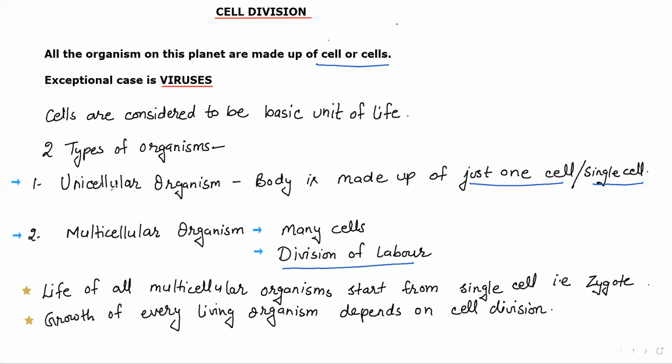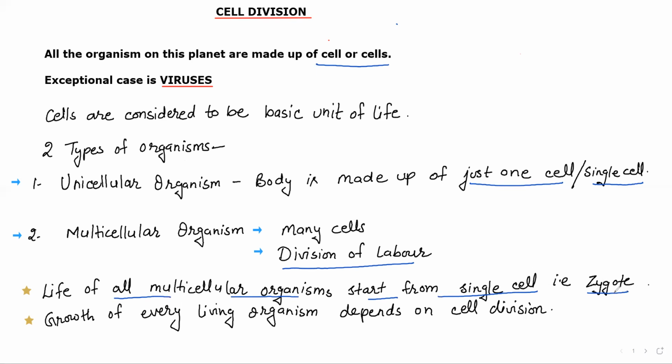So as unicellular is made up of a single cell, multicellular organisms' bodies are made up of many cells. But if we see the life of all multicellular organisms, that also starts from a single cell, that is the zygote, formed by fusion of male and female gamete.